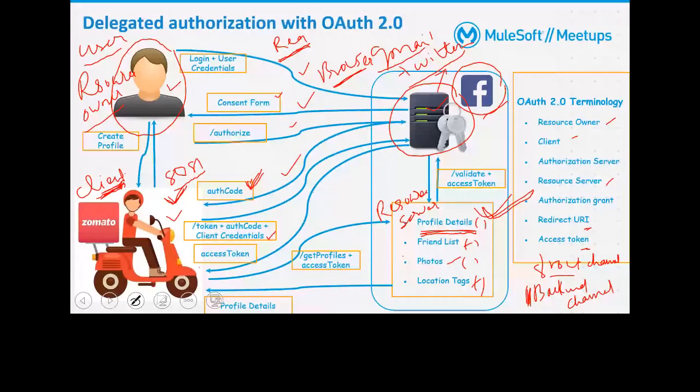It will go to the auth server. Then it will send the authorization code on the redirect URL. That is also visible. That will come back to Zomato, and the Zomato web page will get loaded. So I'm talking about not only three, 1, 2, 3, 4, all are happening over your web browser only. Okay.